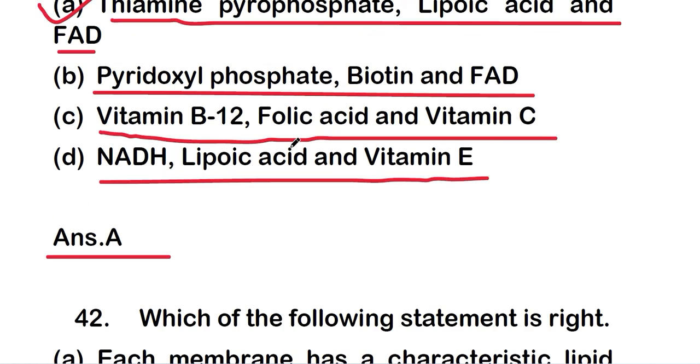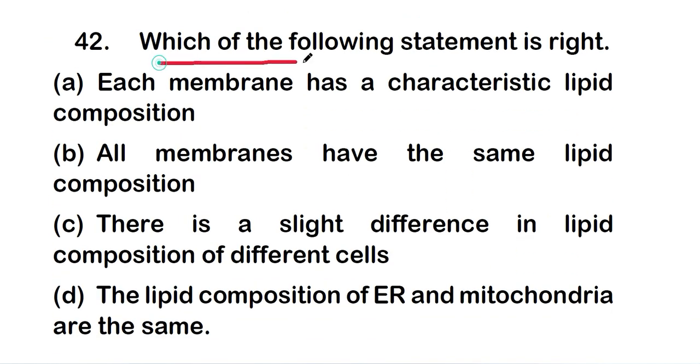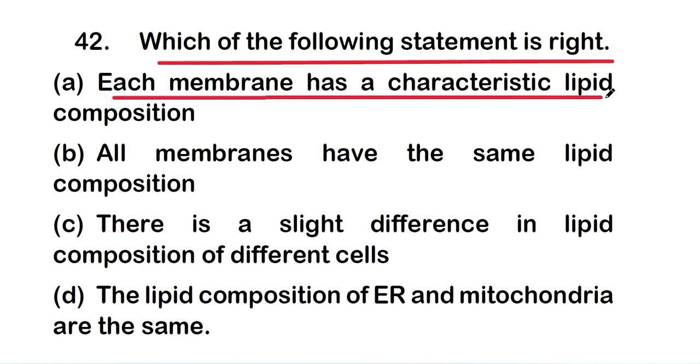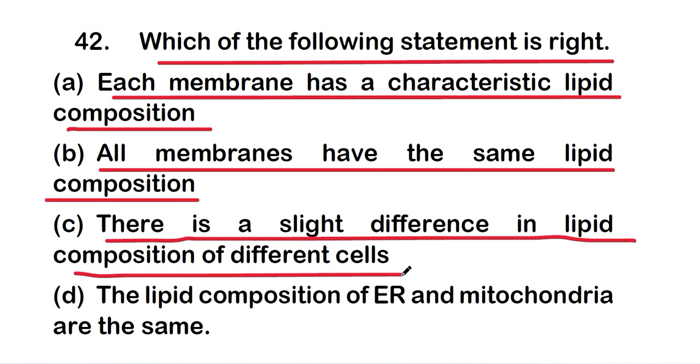Okay, so move on to the next question, that is question number 42. Which of the following statements is right? And the options are: option A, each membrane has a characteristic lipid composition. Option B, all membranes have the same lipid composition. Option C, there is a slight difference in lipid composition of different cells.